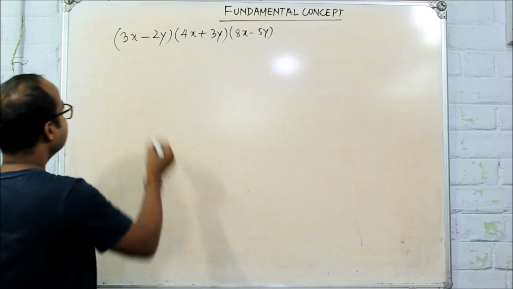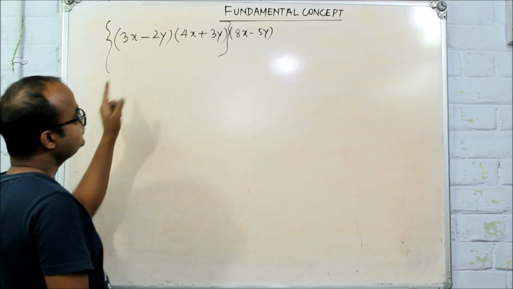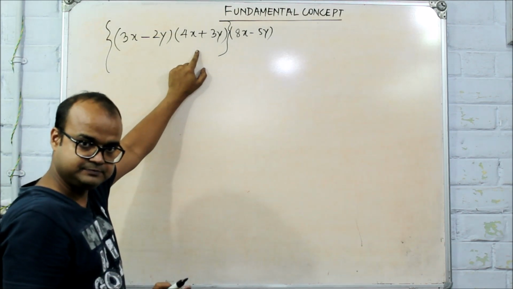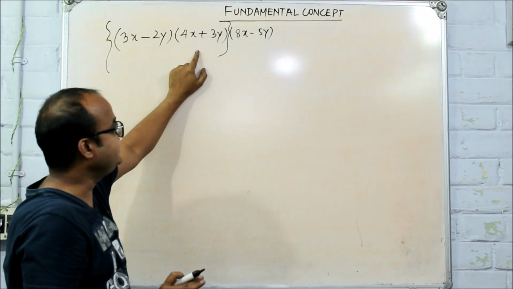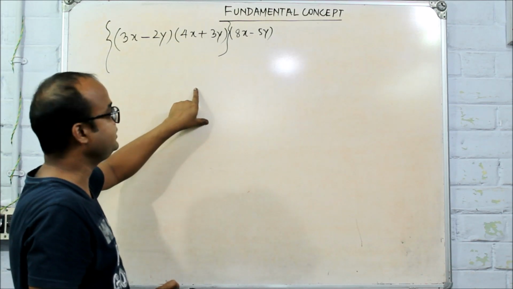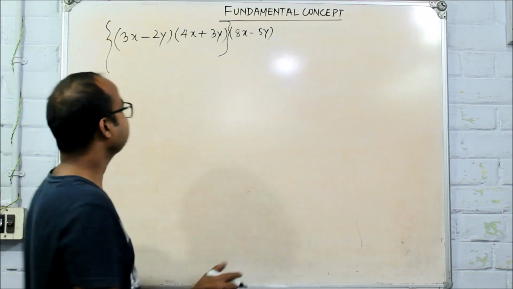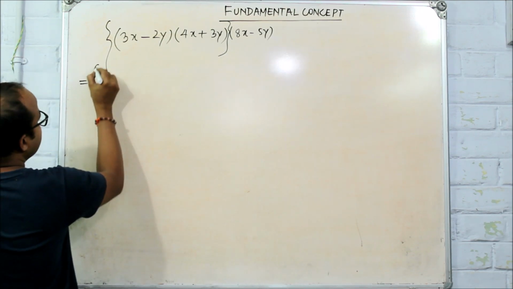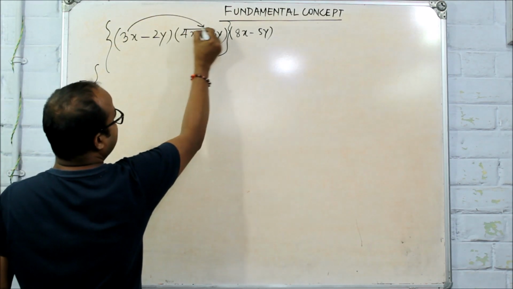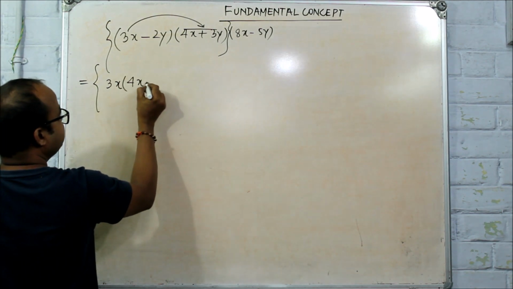That means first I am putting a curly bracket here. So what it means? First I am going to multiply these two and simplify. Once I simplify, then I multiply the result of these two polynomials by 8x minus 5y. Clear? So if I multiply these two, first 3x will multiply with 4x plus 3y.